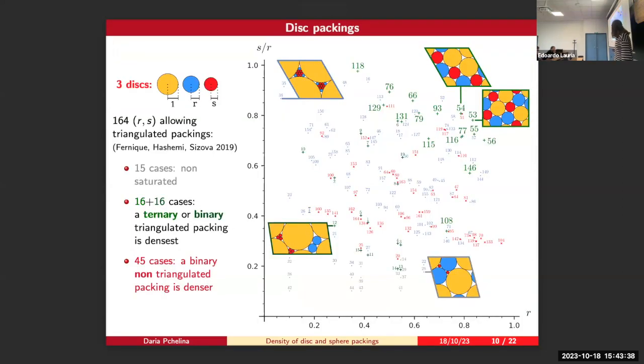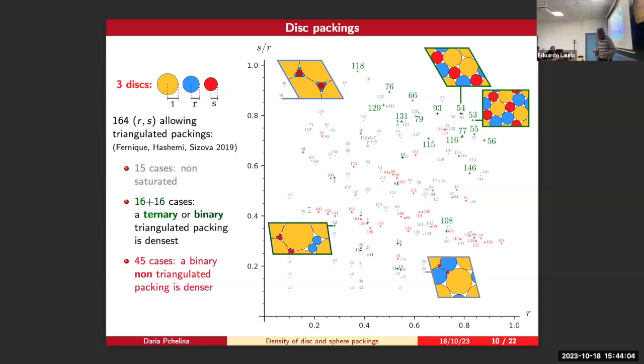Okay. So I told you what happened. The conjecture is false, but we proved the optimality of some of these triangulated packings for ternary disk packings. And so now I will try to give you some ideas of the proof of optimality of such packings. Then we will talk a little bit about the counterexamples, these ones, and then we'll go to 3D.